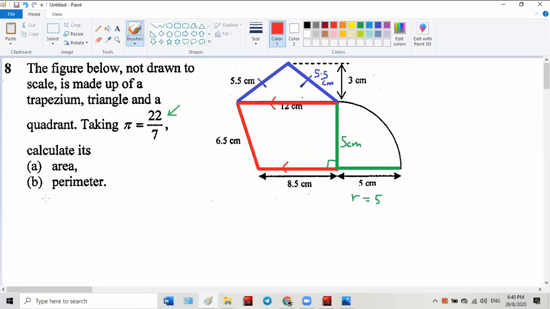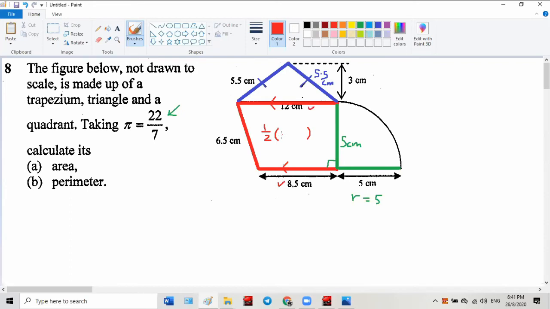I'll just write down here, okay? Very interesting, very challenging. Area of the trapezium. What's the area of a trapezium? Half what? Half times the sum of the 2 parallel sides, right? Where are the 2 parallel sides? Here and here, right?